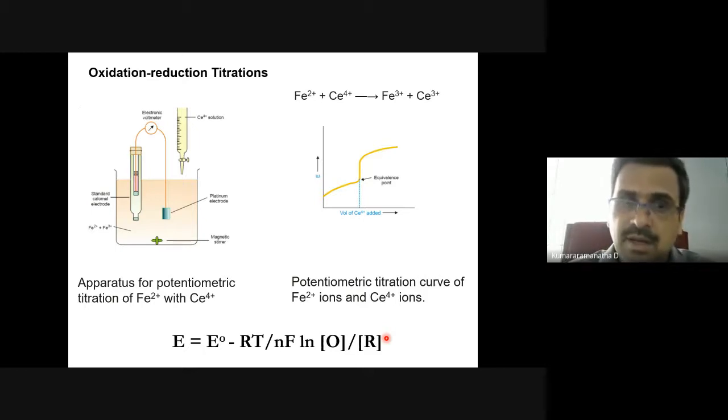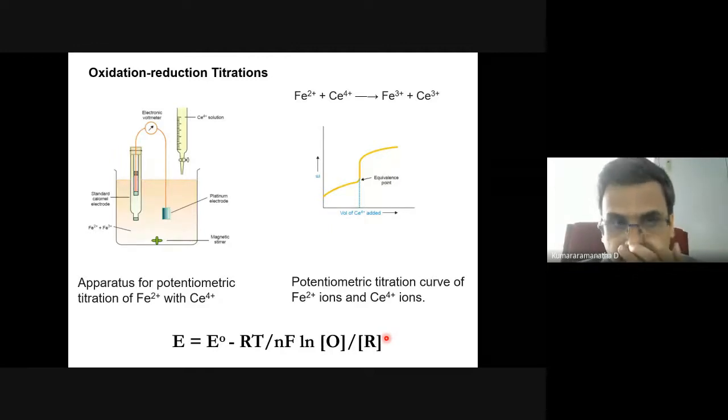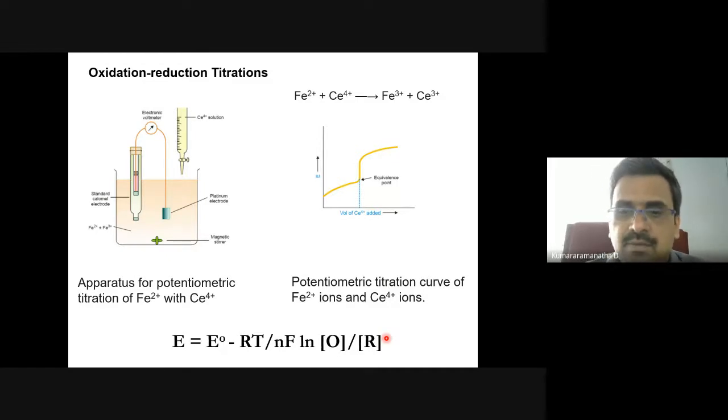If you do a normal titration, you need an indicator. Here you don't want an indicator, and you can do it with very small concentrations. So these are the important points I would like to highlight with respect to various kinds of titrations followed by the application of the Nernst equation.